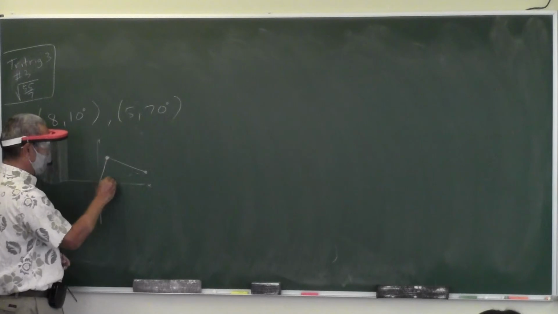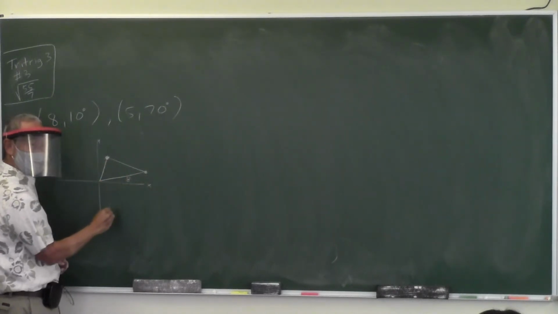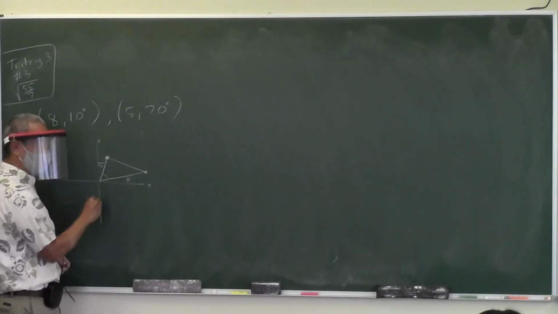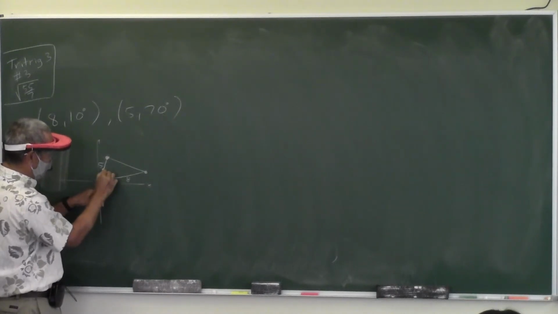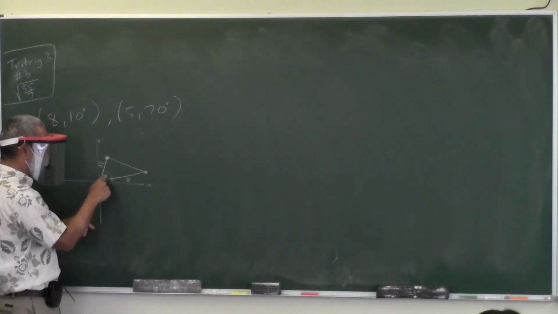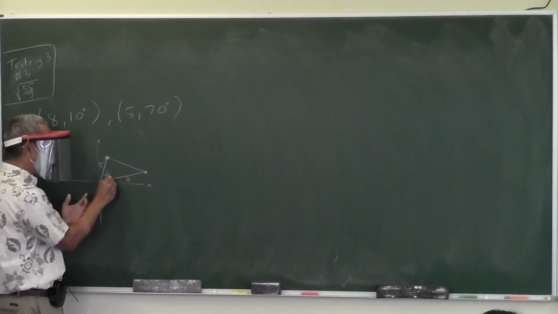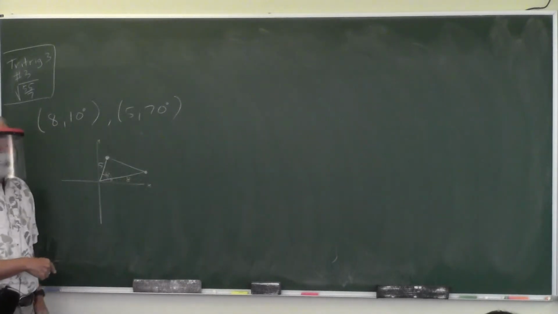Well, if I make a triangle, isn't this 8? Isn't this 5? Do I know the included angle? Well, if this angle is 10 and that's 70, what do you think that is? It's 60. You just subtract, right? Big minus small. Basically subtract the angles.